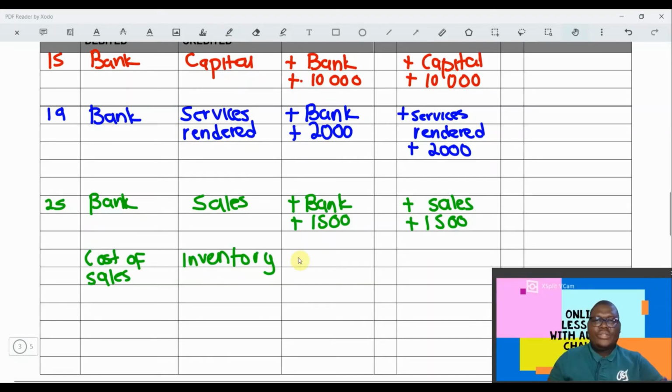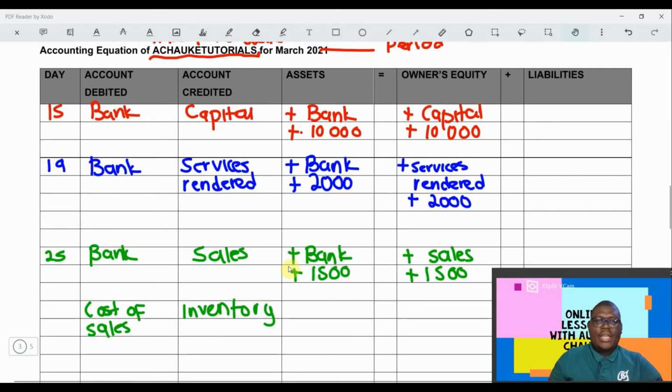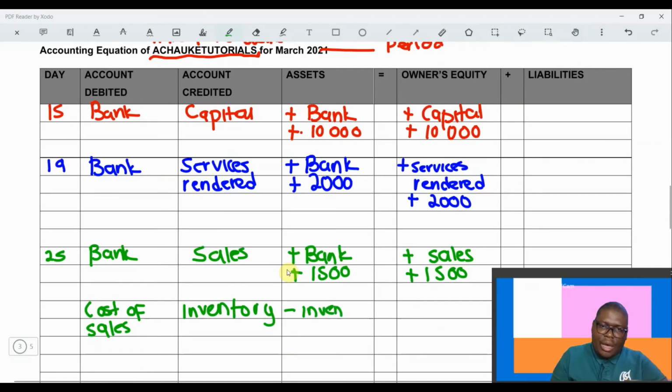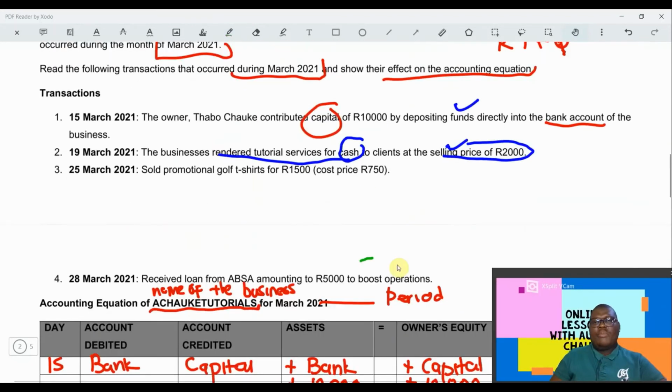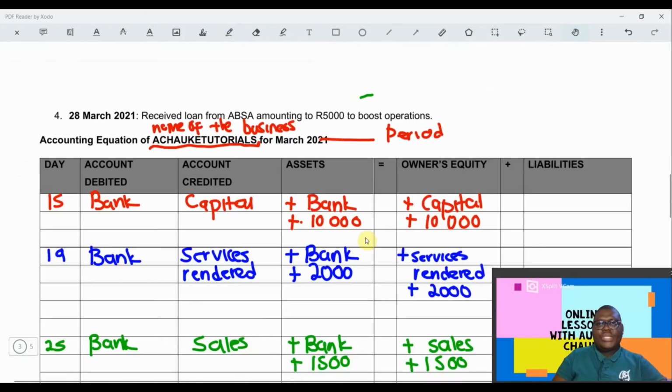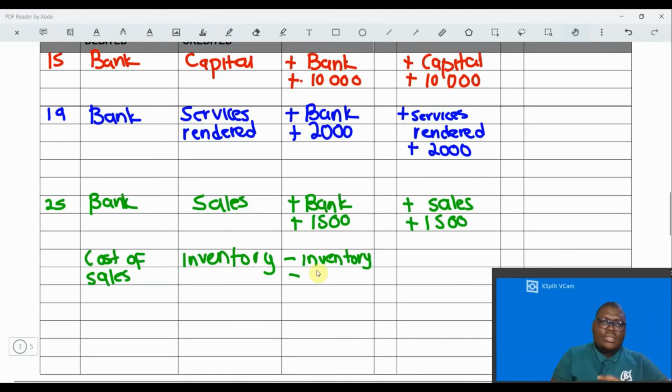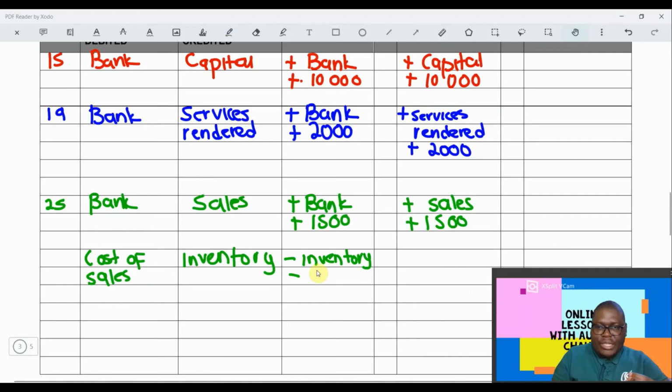So if inventory is credited, I know that my assets will be reduced, so I'm going to say minus inventory to show that the inventory account is reduced, and I'm going to have minus, I think it's, can't remember if it's 750. Yes, cost price 750. So our inventory is reduced by the value of 750.